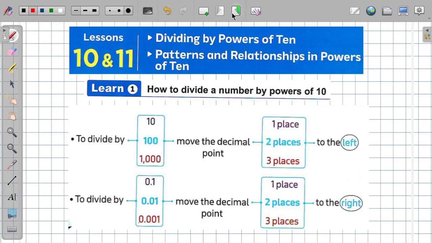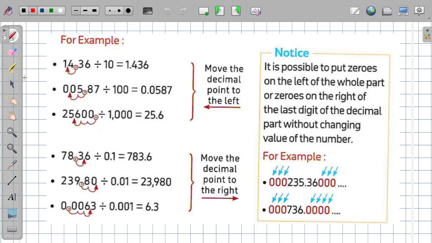So, if we have examples like this, I have 14.36 divided by 10, so we will move the decimal point 1 place to the left. So the result will be 1.436. Okay?